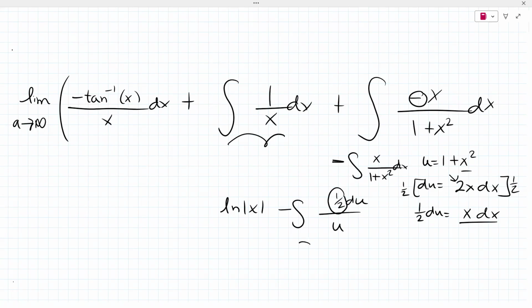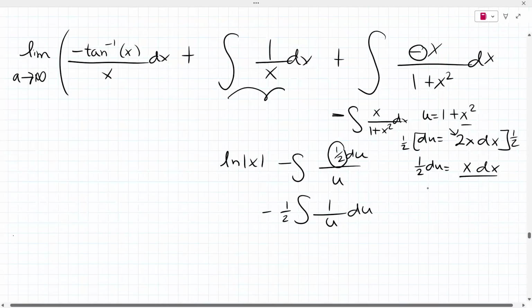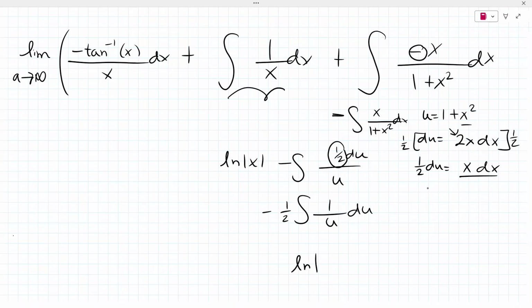1/2 is a constant, so put that in front. And then what's the integration of 1 over u? It's ln. So it's the ln of u, which is really just 1 plus x squared. And then we have this negative 1/2.